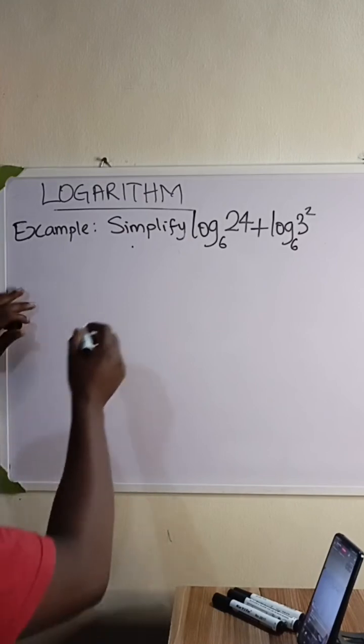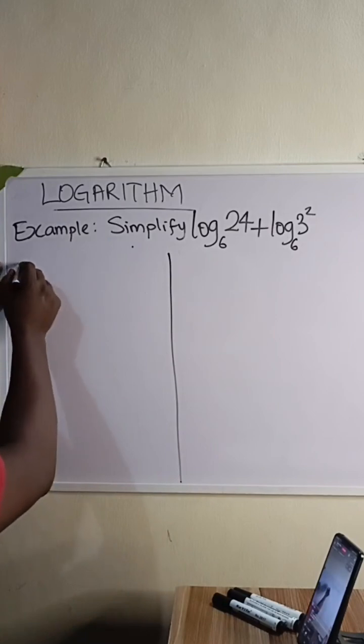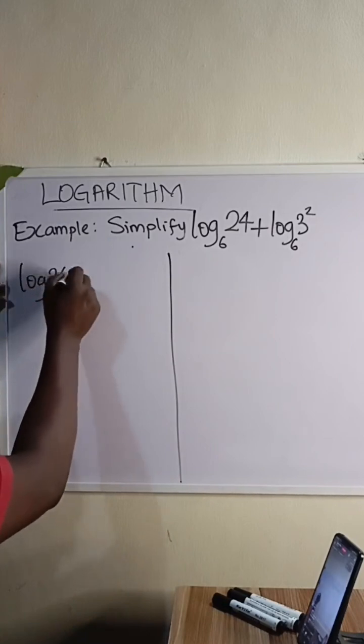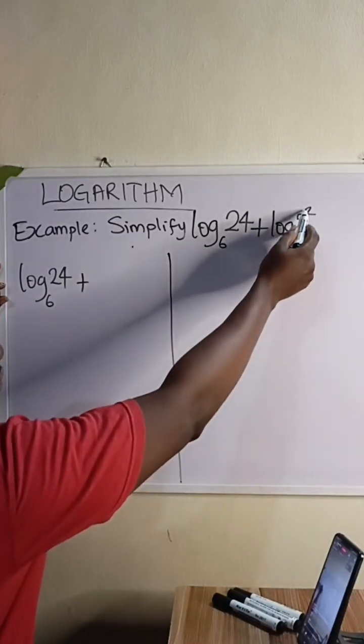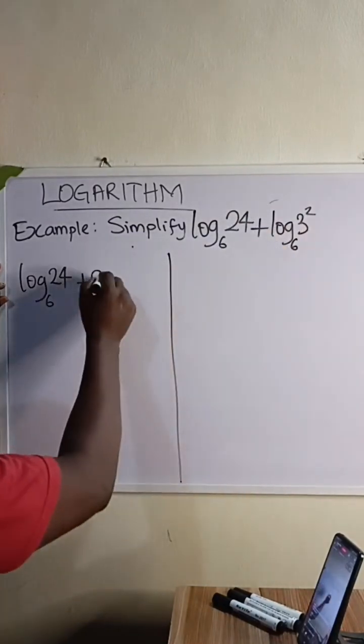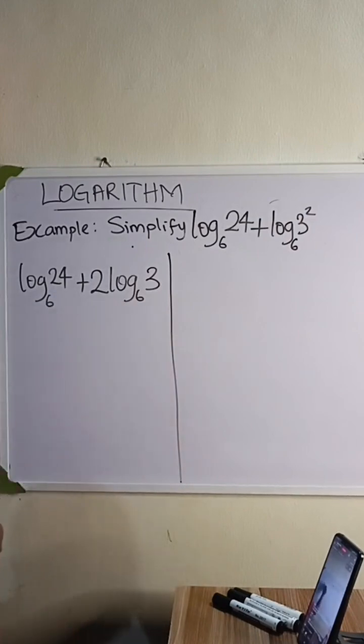Let's look at it. Somebody might decide to go this way by doing log 24 base 6 plus, and then the person might decide to move this 2 over here to become 2 log 3 base 6. By doing this, this might not give us any headway.